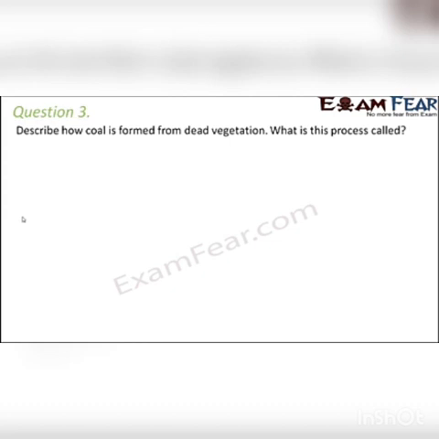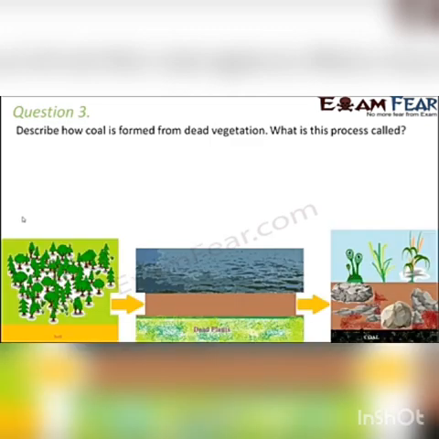Describe how coal is formed from dead vegetation. What is this process called? Now, coal contains a lot of carbon, and that is why this process is often called carbonization. It is formed from dead plants which once existed as dense forests, and then maybe due to phenomena like floods, they all sank deep down and over them came up soil and water.